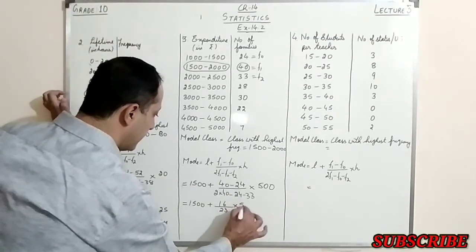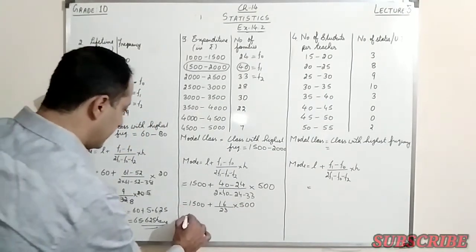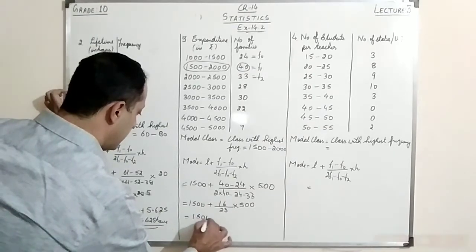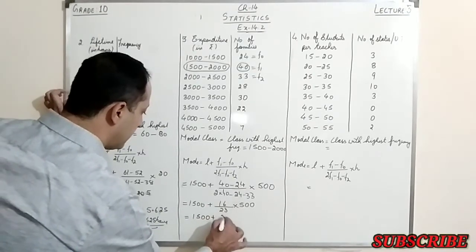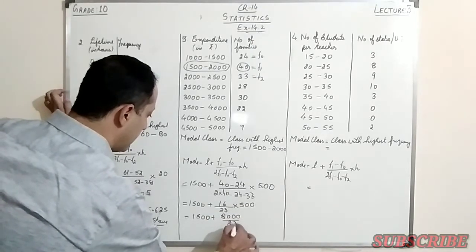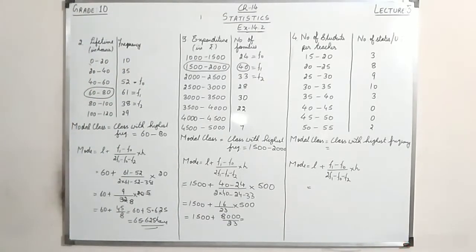Multiplied by 500, right? So this is 1500 plus 8000 upon 23. So let's divide 8000 by 23 now.